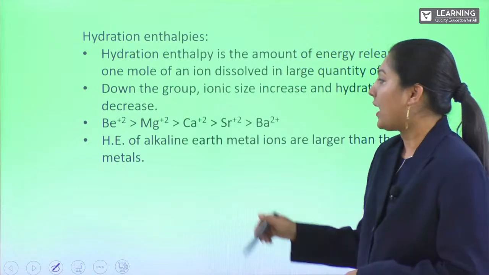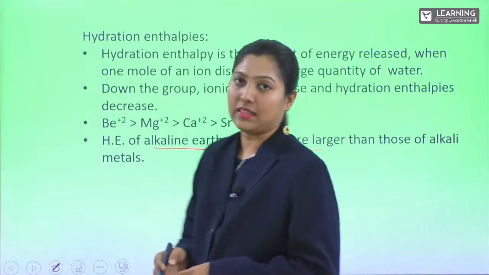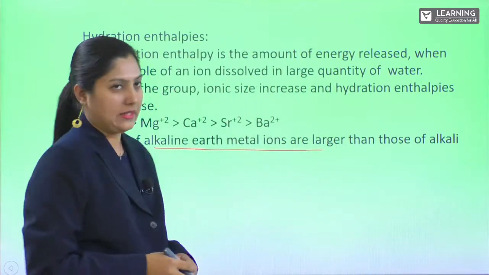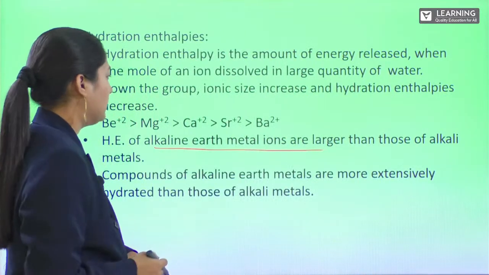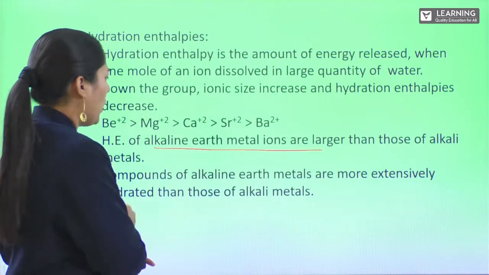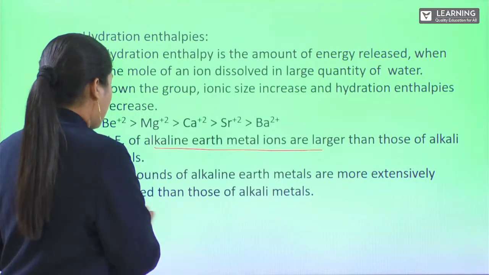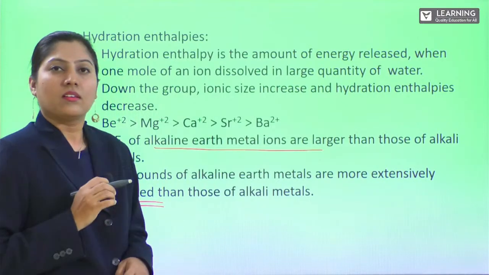Hydration enthalpy of alkaline earth metal ions is larger than that of alkali metals. Why is it larger? As we know, the size will be smaller. Compounds of alkaline earth metals are more extensively hydrated.